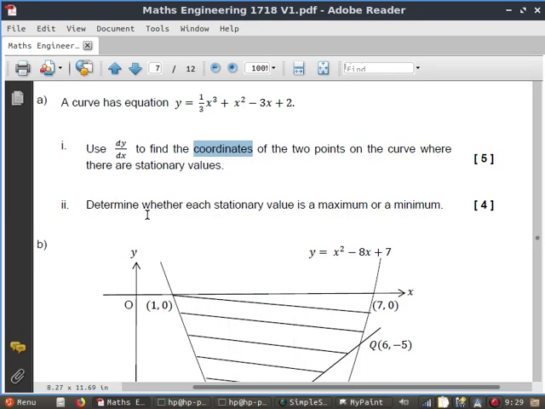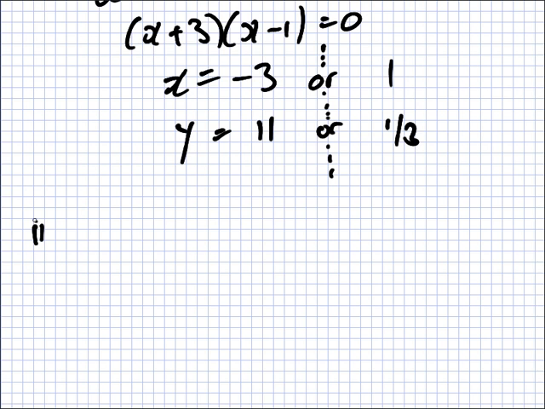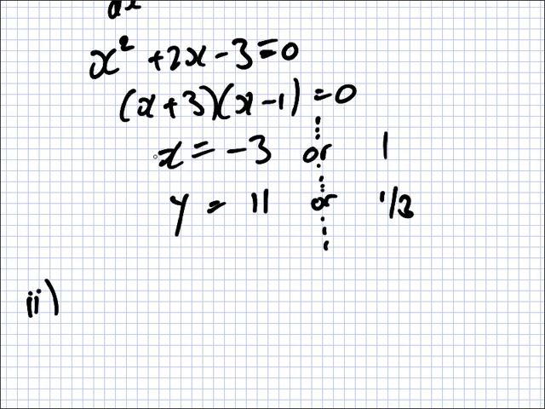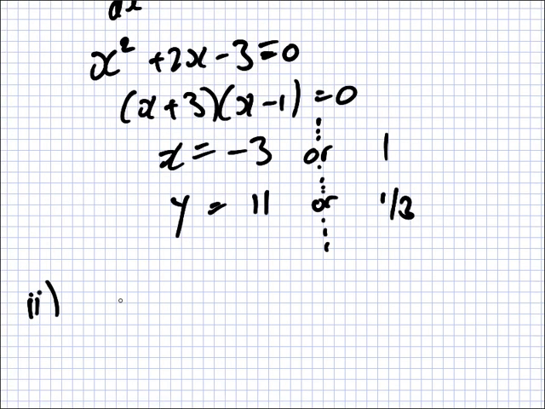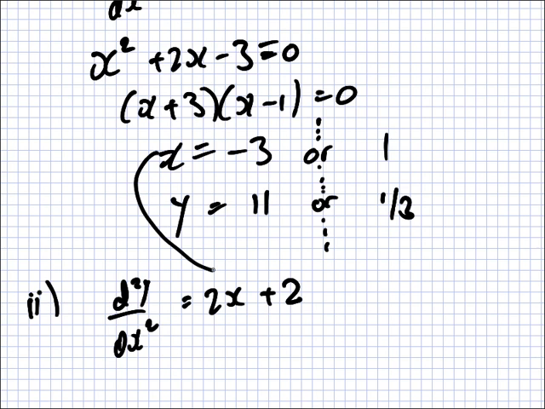Determine whether it's a max or min. So how do you know if it's a max or min? You need to calculate the second derivative. That's 2x plus 2. Now if you put in minus 3, you get minus 4. If you put in 1, you get 4.